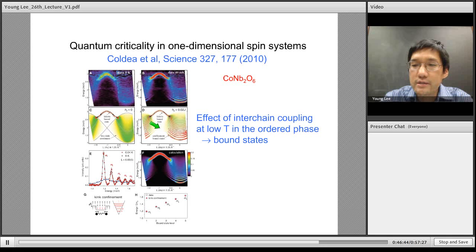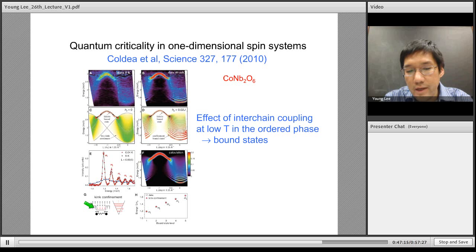And the bound states appear because you have coupling between your neighboring chains. One way to think about this is this cartoon at the bottom, where you have two kinks on this very bottom chain, and if you have coupling to the chain next to it, well then, depending on how long this red segment of down spins is, you have unfavorable couplings with the neighboring chain.